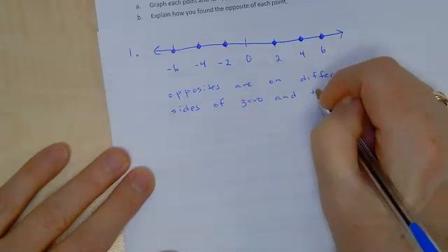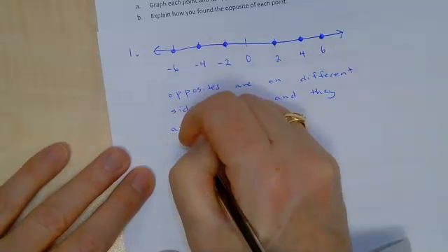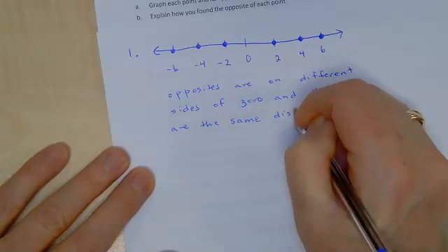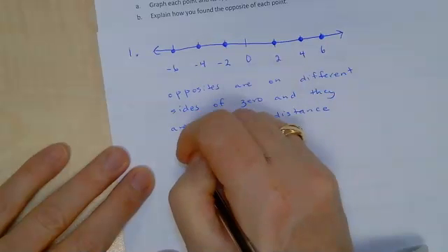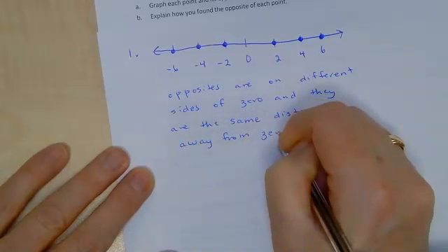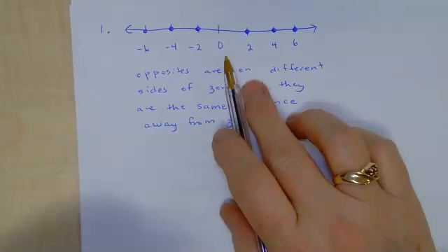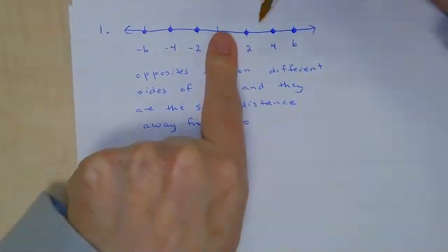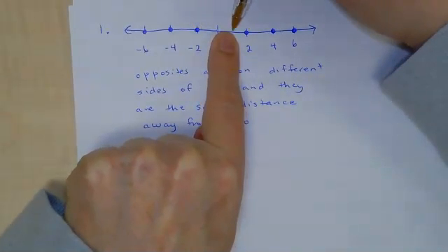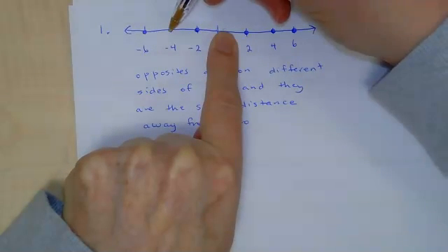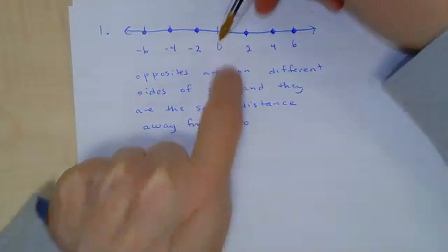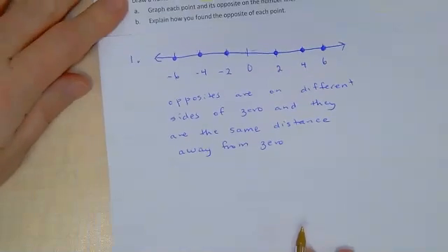And they are the same distance away from 0. Okay? So they're on opposite sides of 0, like 2 and -2, and they're the same distance away from 0. If you look at 4 and -4, they're the same distance away from 0, but on opposite sides of 0. So that's it for question 1.